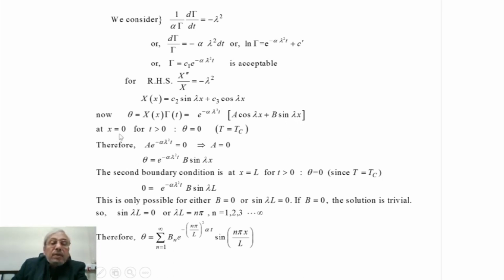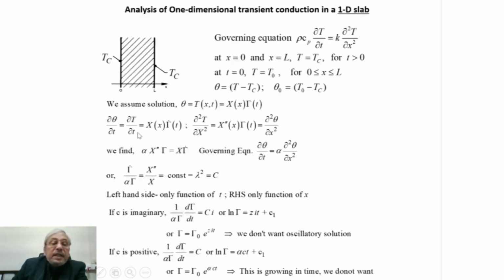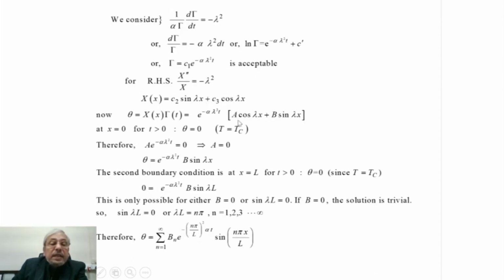Now at x equal to 0, for time greater than 0, theta equals 0. That means T becomes Tc. At x equal to 0, as we have already seen in the geometry, T will be Tc.